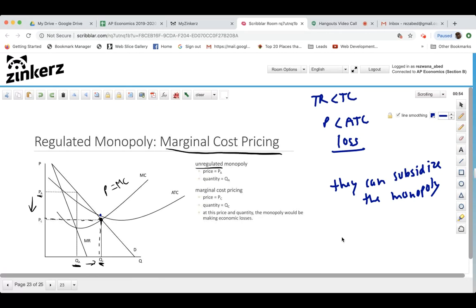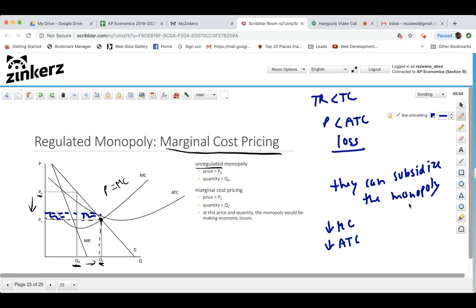Okay. And when you provide a subsidy, what you do is you bring down your marginal cost and also your average total cost, right? So these two curves are going to shift downward. And of course, then they're not going to be making losses anymore. Okay, so this loss is not going to be there anymore.